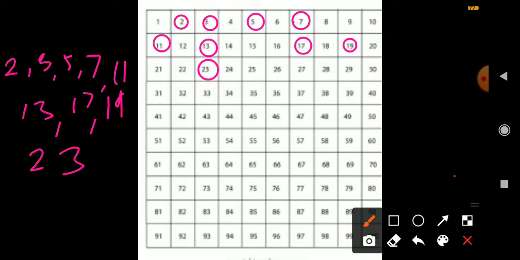Till 100 you now have to find out the prime numbers from this table and send them to me. Tomorrow I will tell you which numbers they are. Otherwise, if in the next lecture prime numbers come, you have to first stop the video, find out the prime numbers, and then continue to watch the lecture.